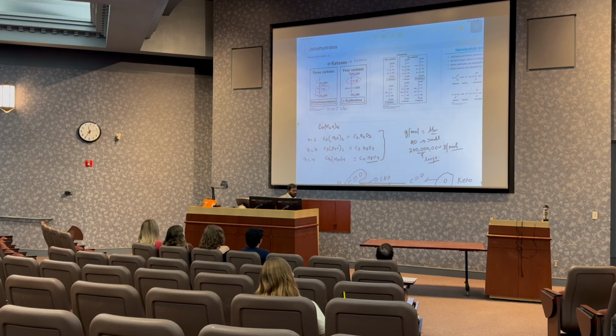So if I ask you a question, the 3 carbon simplest ketose as a carbohydrate, the name will be dihydroxyacetone. The 3 carbon simplest aldehyde sugar is glyceraldehyde. This is how you remember those names.